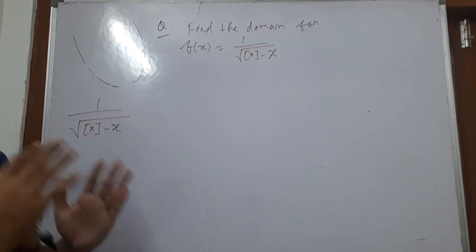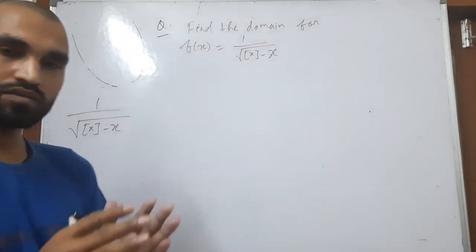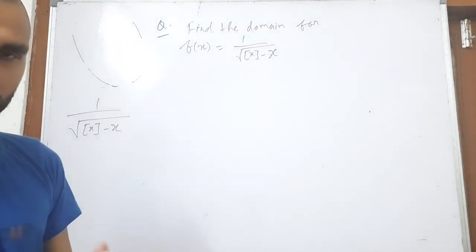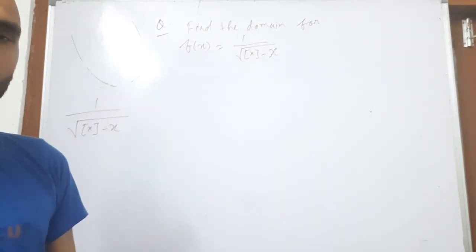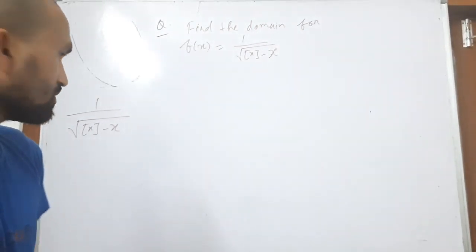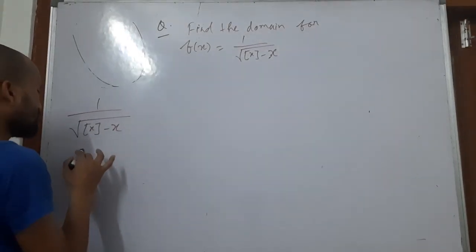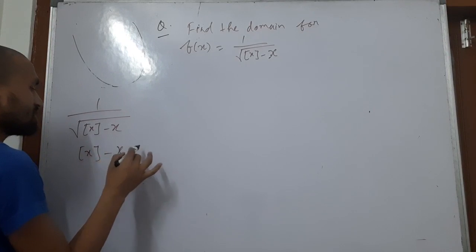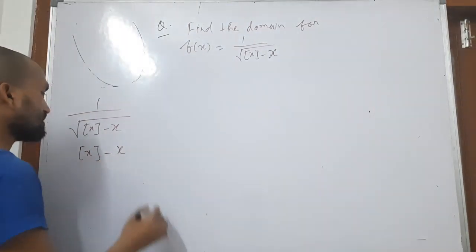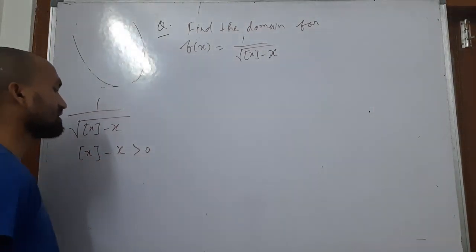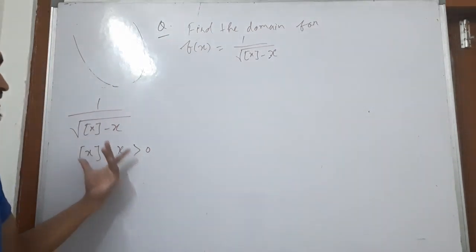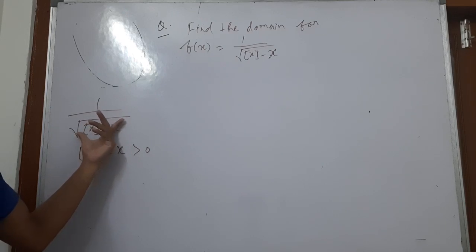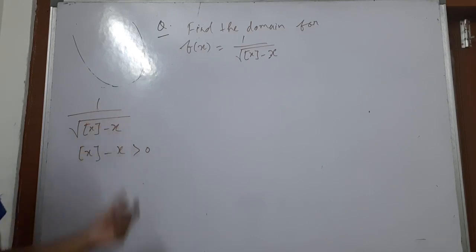So on applying both conditions, that the value under the root is never negative and the denominator is not equal to 0, for a defined function, greatest integer x minus x must be greater than 0, because if it is greater than 0 then it cannot be 0, and under the root the value cannot be negative.